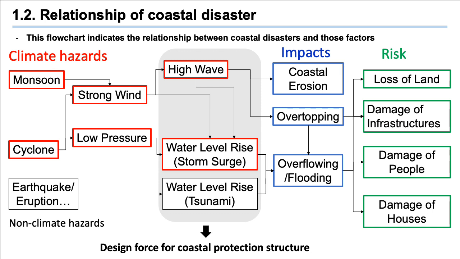Instead, the non-climate hazard is tsunami. The impact to coastal area has three categories: coastal erosion, overtopping, overflowing, and flooding. And disaster risk includes loss of land, damage of infrastructure, people, houses.